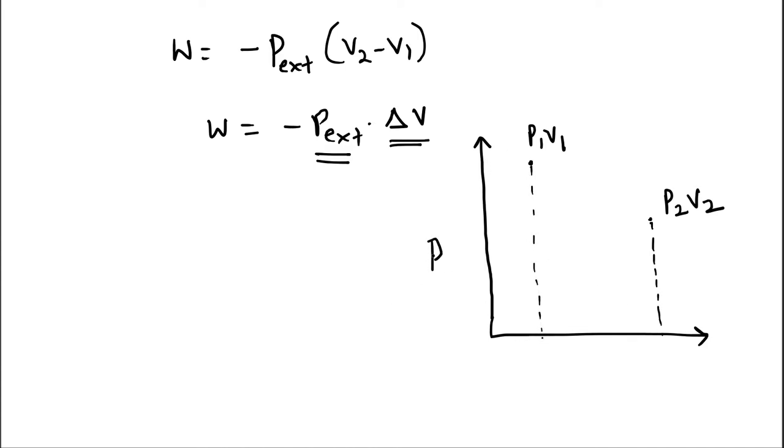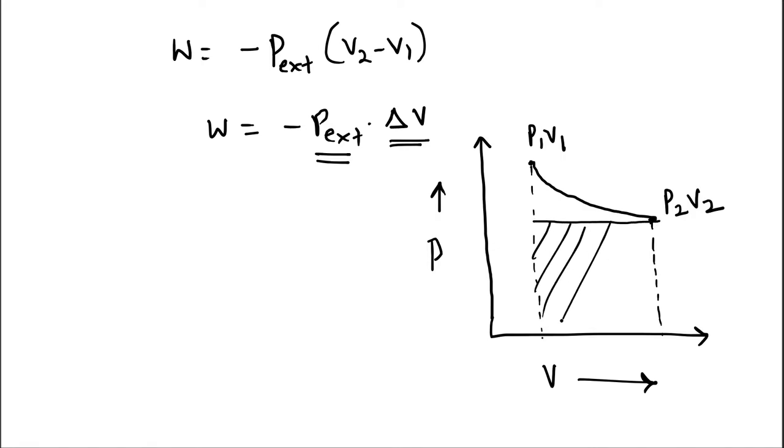This is the pressure axis and this is the volume axis. Now here the system is going from here to here, but the work done here is basically, if we see here, delta V is this much. This is the work done.